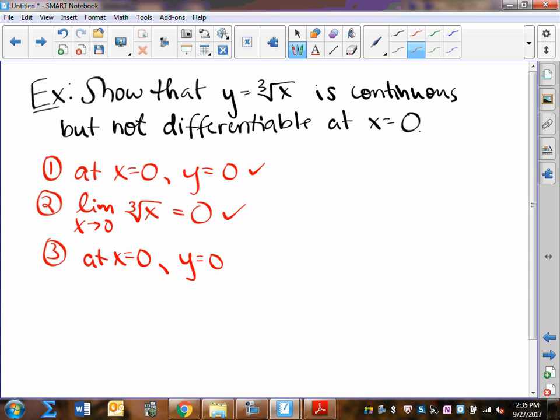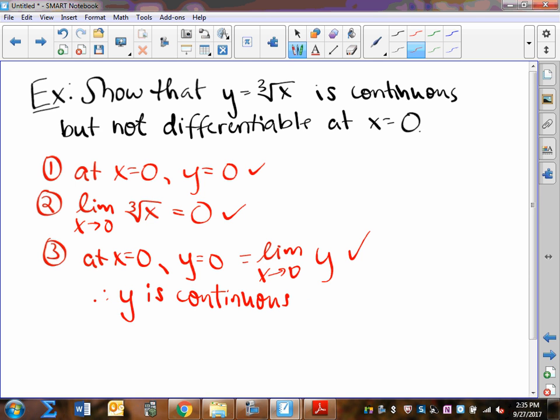But it's not necessary. All right. So x equals 0, y equals 0, which equals the limit as x approaches 0 of y. Boom. So now we can say y is continuous at x equal to 0. We good there? Okay, so we showed the continuity.